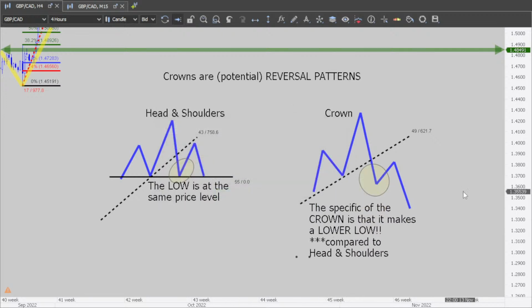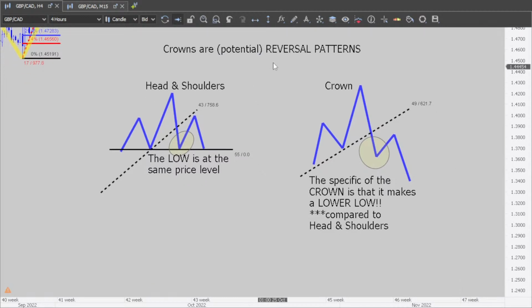Okay, everybody? So crowns are potential reversal patterns. So this is head and shoulders. The low is at the same price level. The specific of the crown is that it makes a lower low compared to head and shoulders. Okay? So this is a crown, this is head and shoulders.